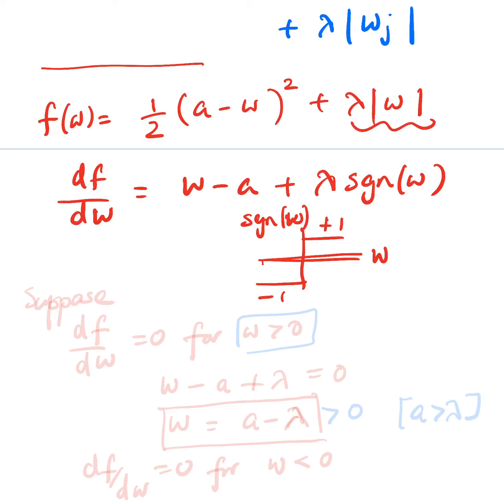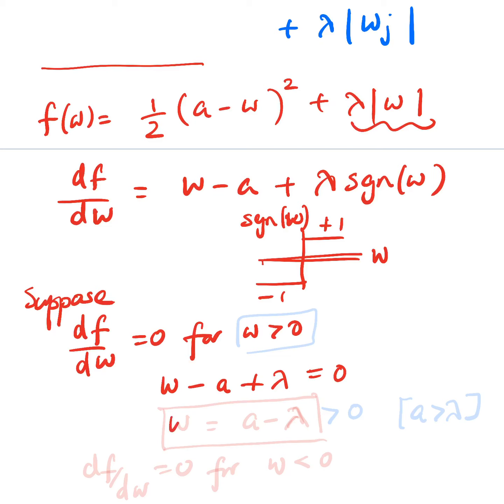So let's see. Suppose the derivative df by dw is 0 for w bigger than 0. So what are we saying? W minus a plus lambda times sign of w, which is plus 1, is equal to 0.